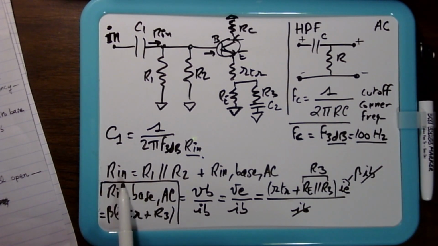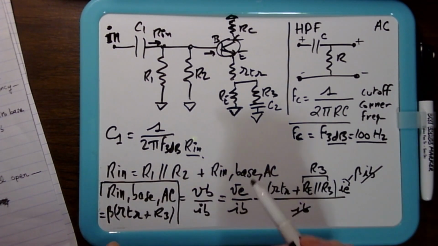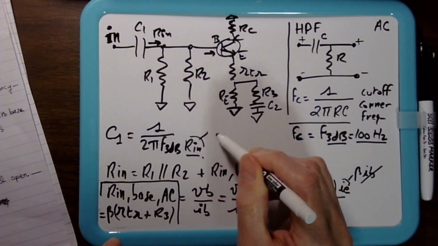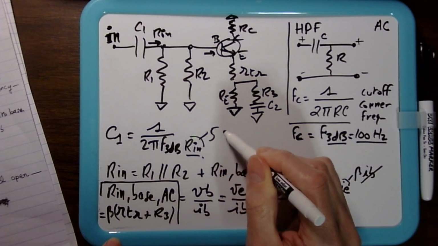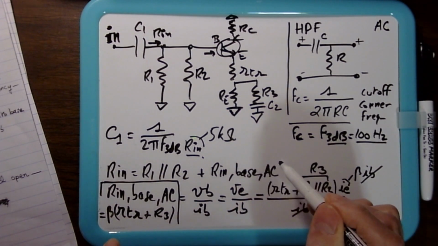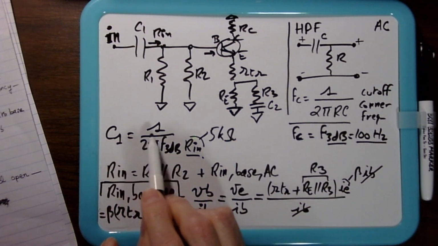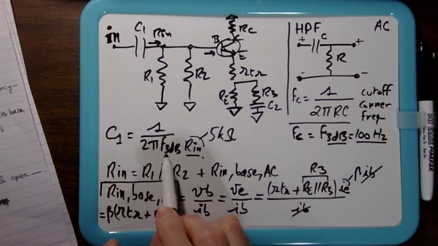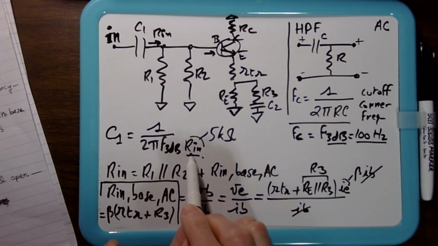and then you just have also to plug in the R1 in parallel with R2. So we know that also. So you can get the R in. So R in is 5K ohms. And this formula, C1 equal 1 over 2 pi F3 dB R in.